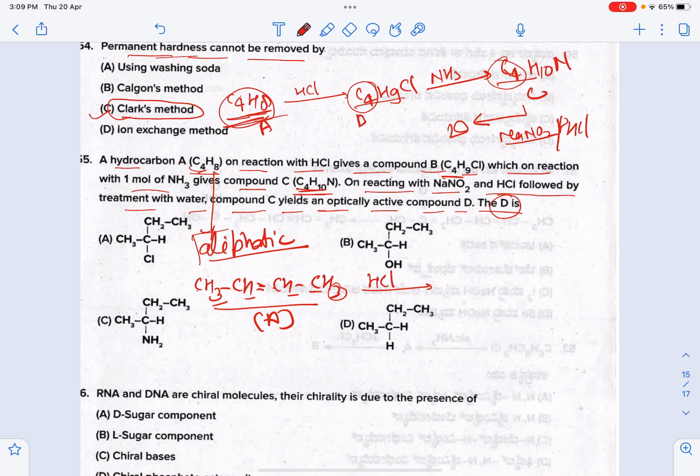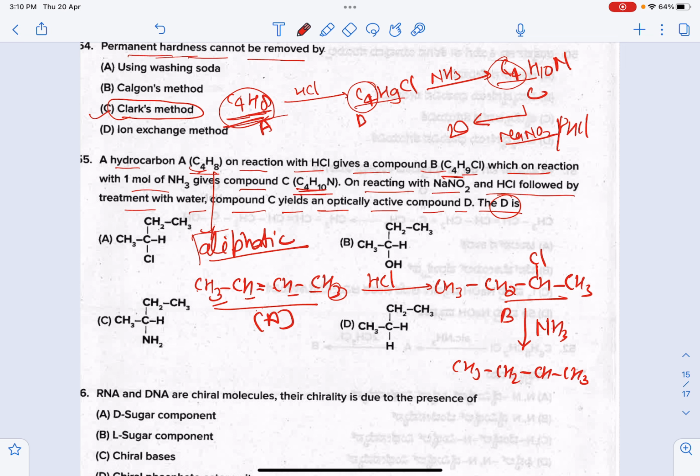When you treat this compound with HCl, there will be addition of HCl and this will be converted into CH3, CH2, CH, and this will be the compound B. Okay, now when you treat with ammonia, it will get converted into CH3, CH2, CH, and this is CH3.